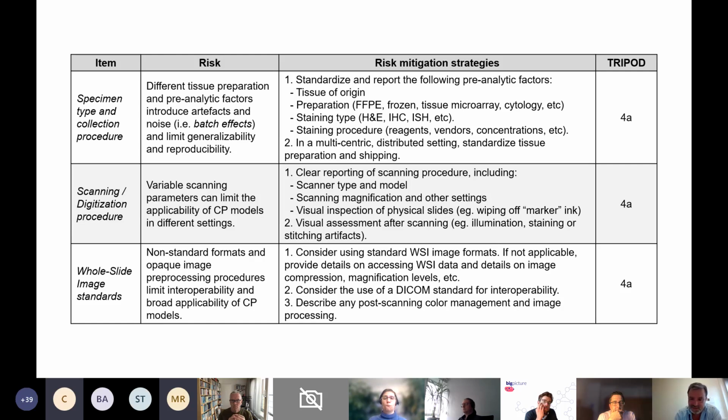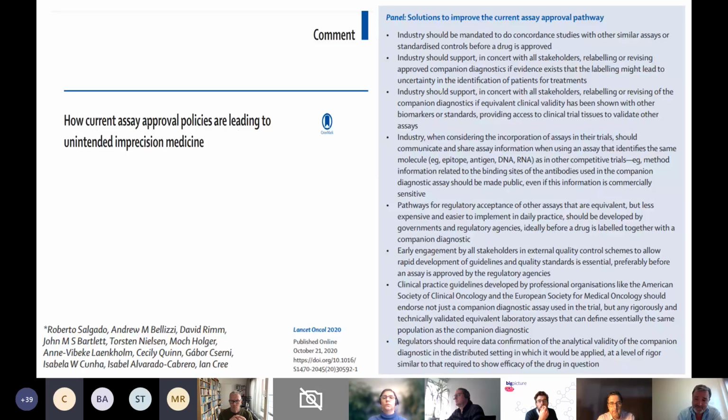So we need to have standard image formats or DICOM standards for interoperability. And what you see in your upper left, the column about TRIPOD, is just another reference checklist for AI tools. And we are trying to translate that checklist into AI applications in anatomic pathology.